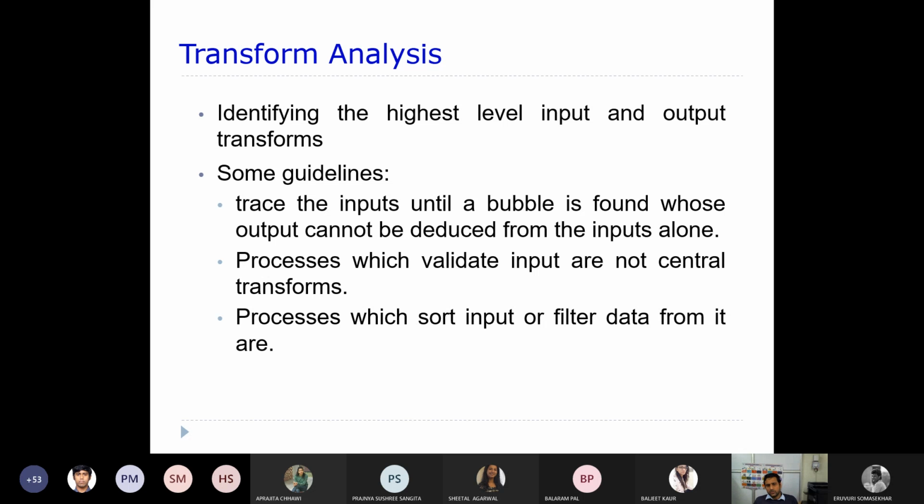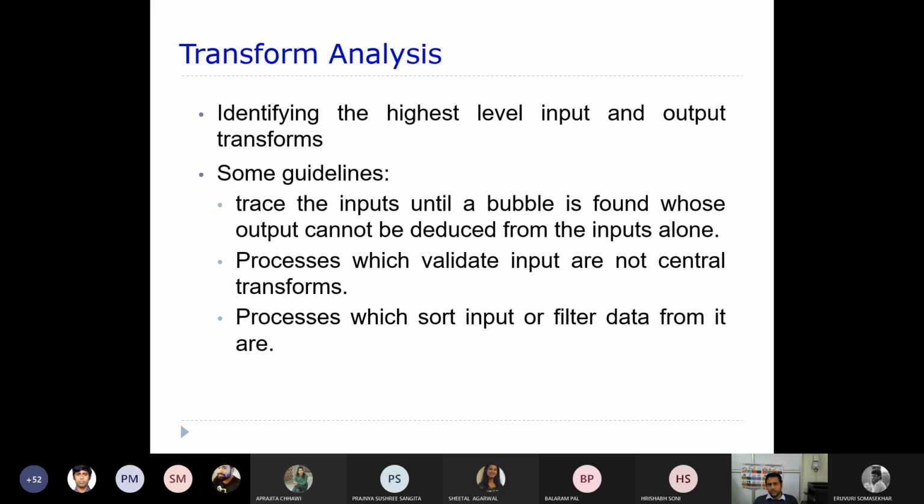You can think of it like this: you need a bubble which can transform your input into the output form.